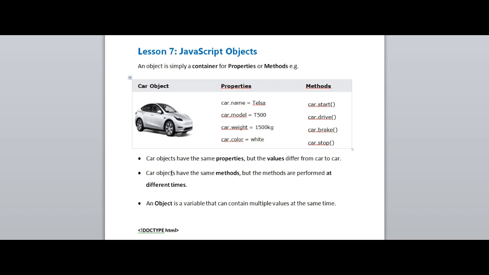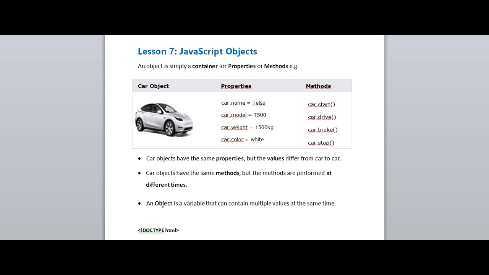Secondly, car objects have the same methods like car start, car drive and the rest, but the methods are performed at different times. That means the number of kilometers you drive for a T500 will be different from a Honda Civic, just to buttress that.